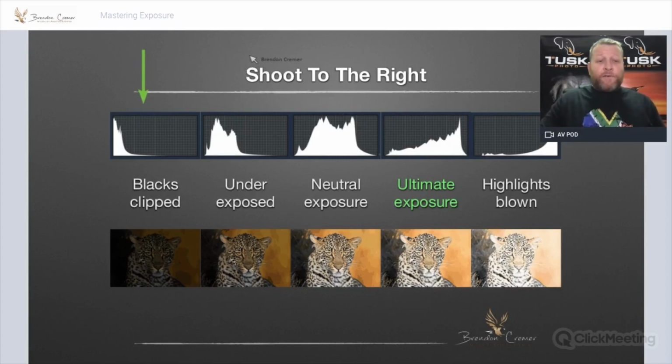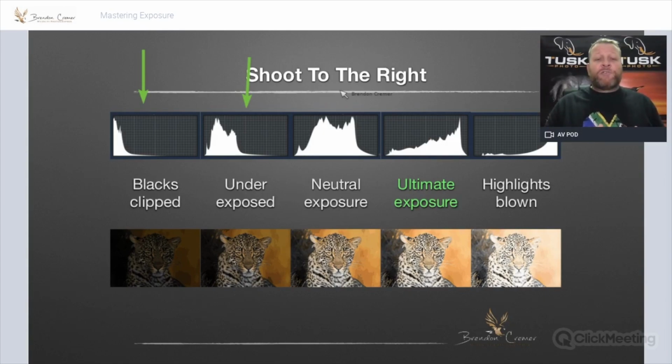Then the next one that we have going up over here is one where the blacks aren't clipped, but it's very heavily in the shadows. If you have a look at the relative photograph, you can see that that photograph is darker than what it probably should be. And our histogram is telling us that relative to this photograph, because it's a really nice, evenly lit photograph that you can see here.